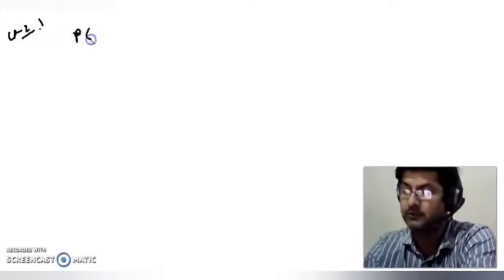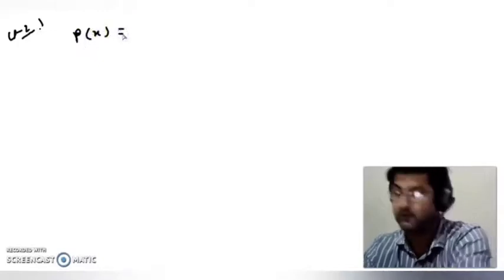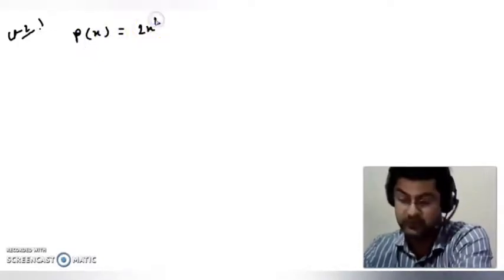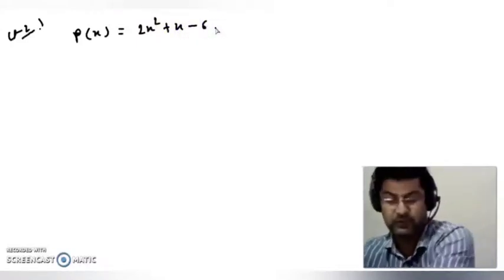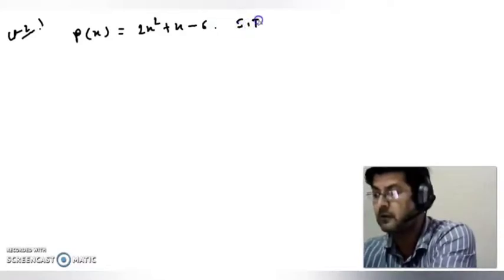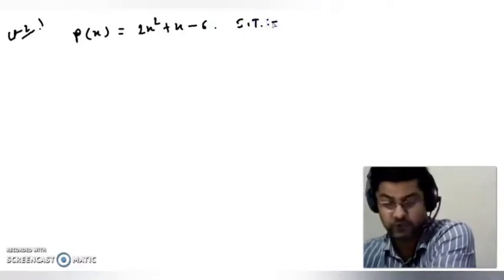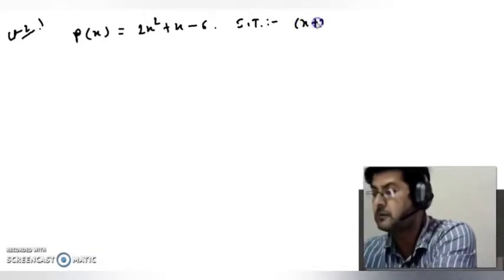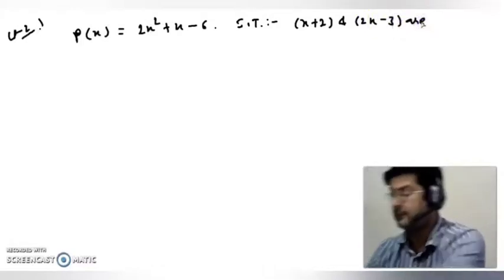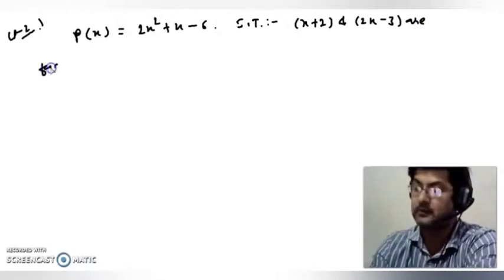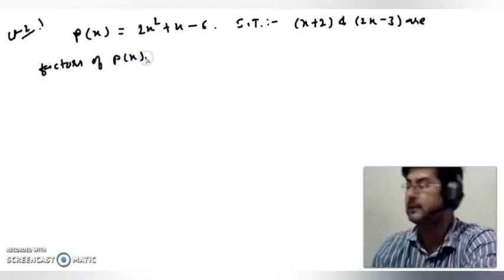Okay, we have to use the factor theorem to show that, for the given polynomial P of x equal to 2x square plus x minus 6, x plus 2 and 2x minus 3 are factors of P of x. Clear?